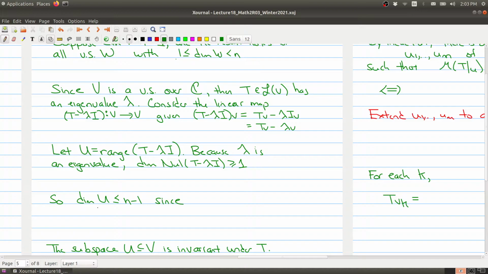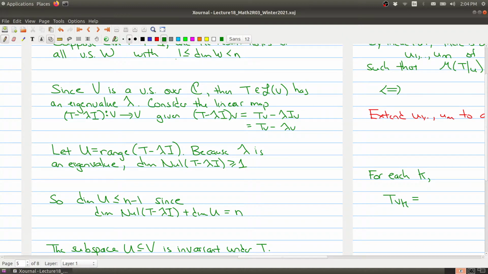That implies that the dimension of this new subspace U is less than or equal to n minus 1. Why is that? It follows from the fundamental theorem of linear maps: the dimension of the null space of T minus lambda I, plus the dimension of the range of that operator, which is the dimension of U, has to be equal to n.